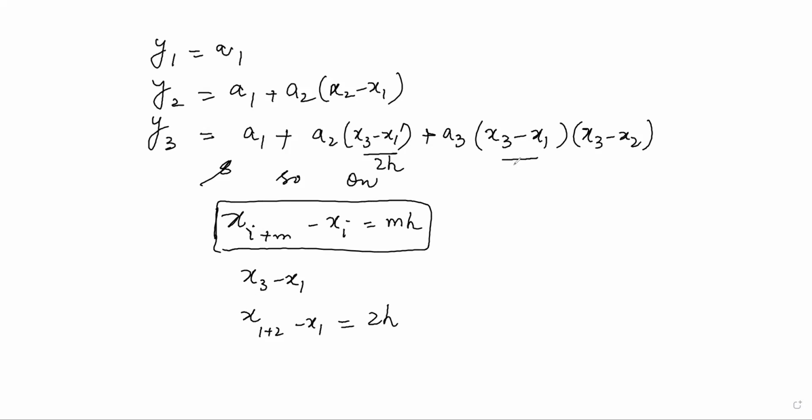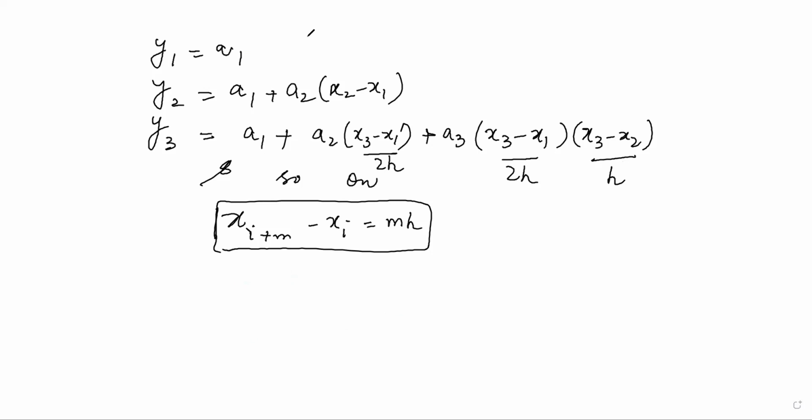This you can also write as 2h, and this you can write as h. That is fine. Now the question is about writing this y1, y2, and y3. Therefore, in terms of h, we can write this.